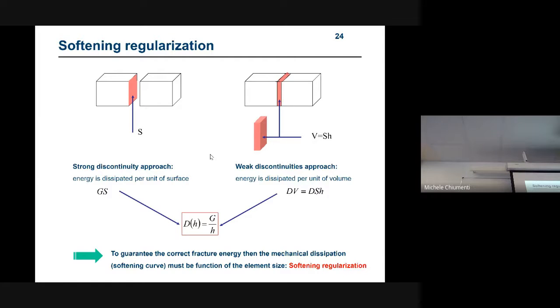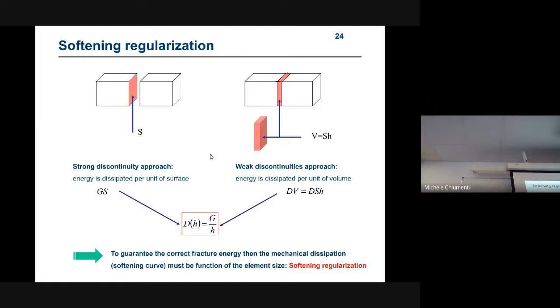Here you can compute the dissipation, the mechanical dissipation. Typically it is sigma by epsilon. Okay? So this dissipation is within a volume. And this volume is made by the same area as before and H, which is the size of your crack, the thickness of your crack. Okay? So on one side, you have the fracture energy.